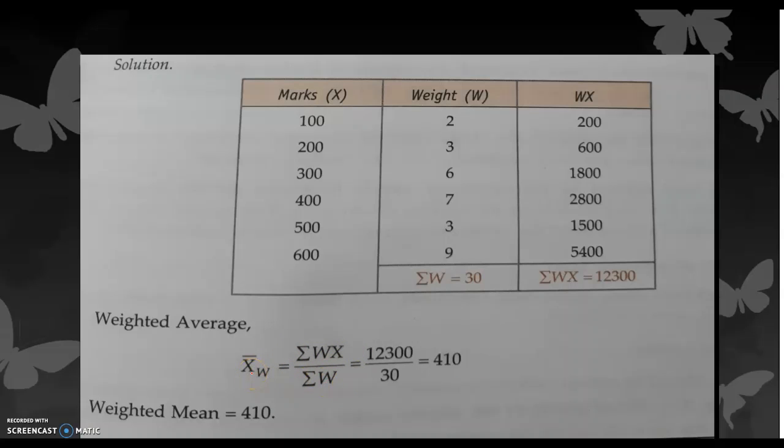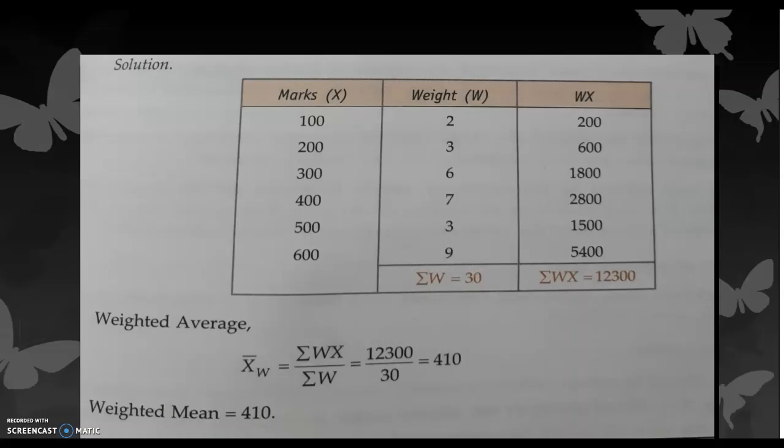In each and every problem you must write the formulas. Don't forget to write the formulas. Then apply all these values in the formula. So sigma wx 12,300 divided by sigma w 30. By calculating we get 410. So the weighted mean is 410.